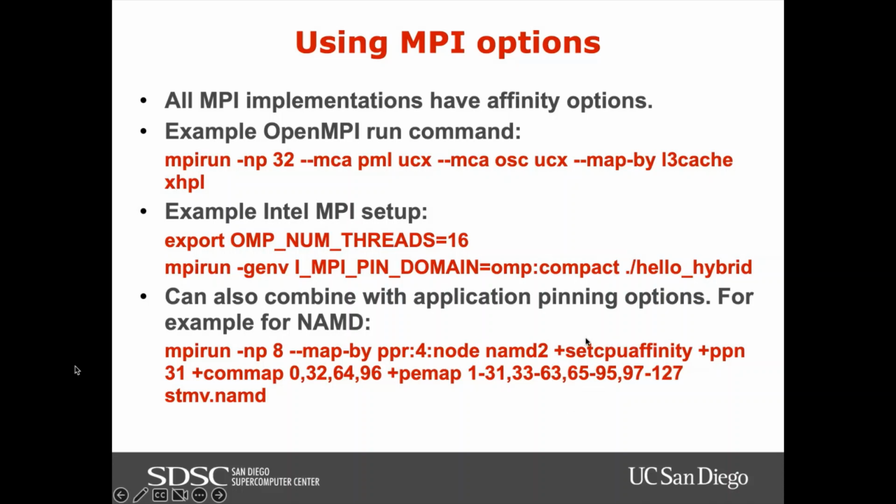Basically, NAMD has this option to set CPU affinity, so it will pin things. Then it also has the option of saying, hey, how many threads do we have on each task? So here we are saying 31, and you might be wondering why not 32, because you have 32 cores per task available if you do 4 tasks.